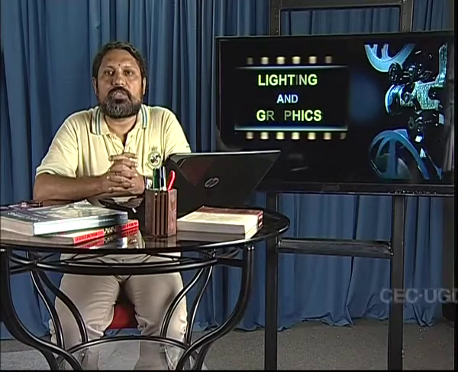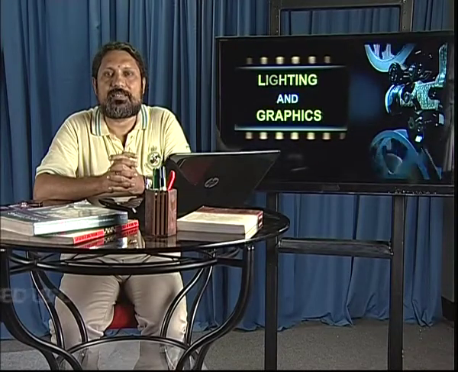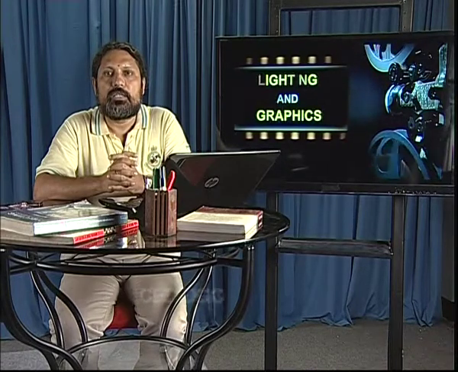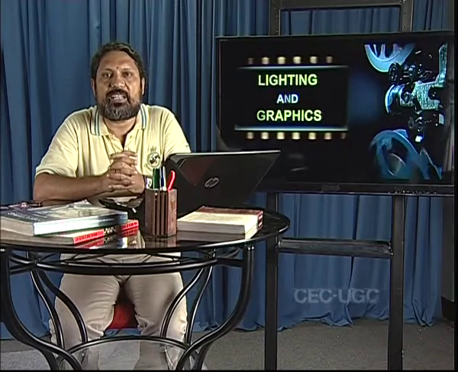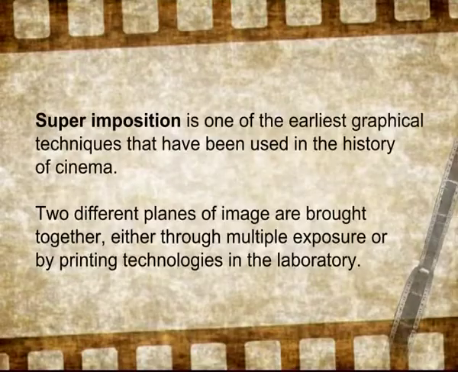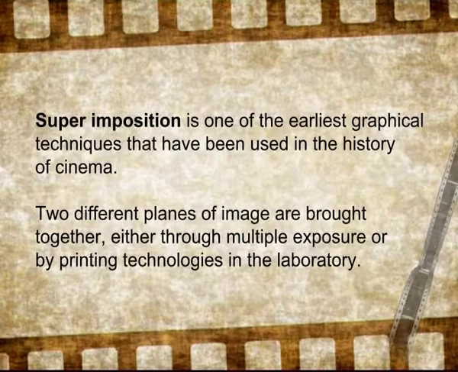The perspective relations of images can be enhanced graphically by using various special effect techniques. Superimposition is one of the earliest graphical techniques that have been used in the history of cinema.